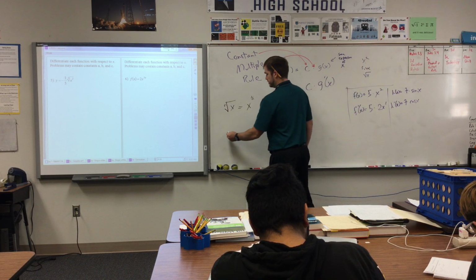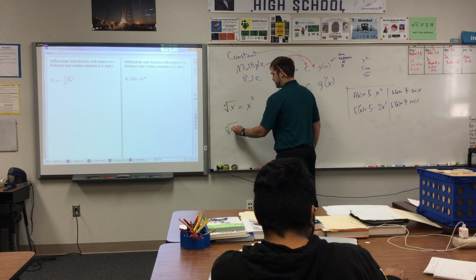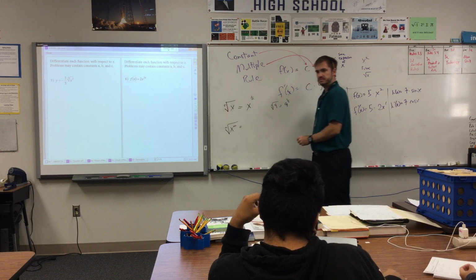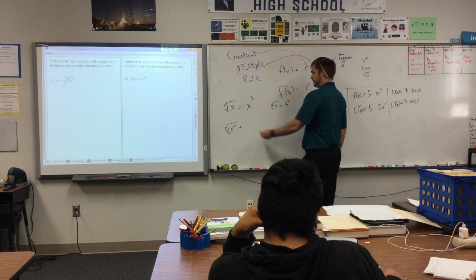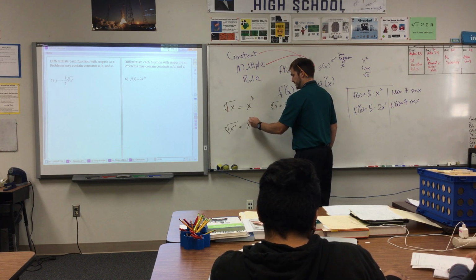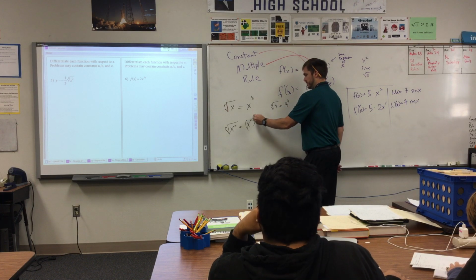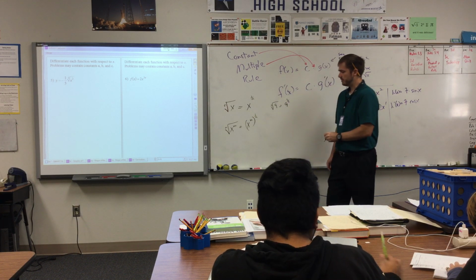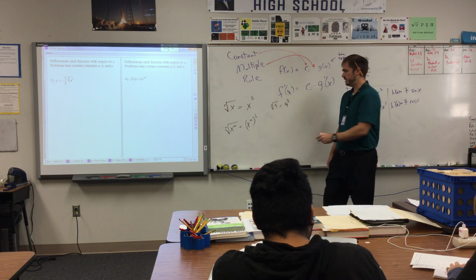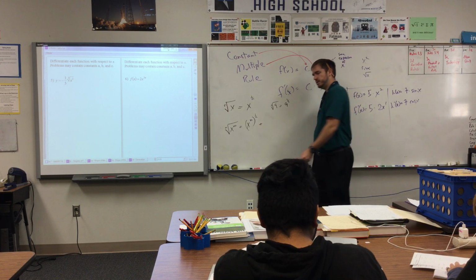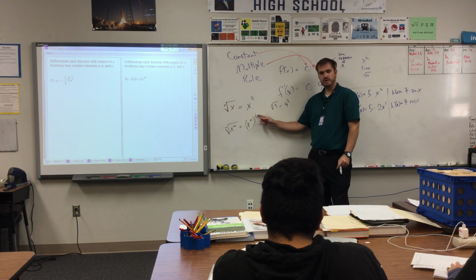So what if you have x to the m on the inside? You could write it as x to the m to the 1 over n, right? Now, algebra 1, a power of a power.